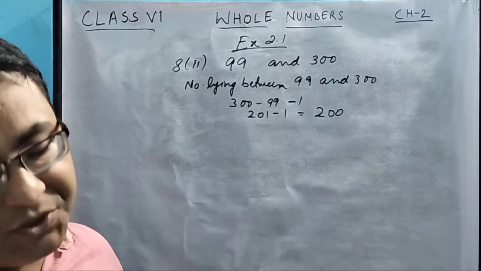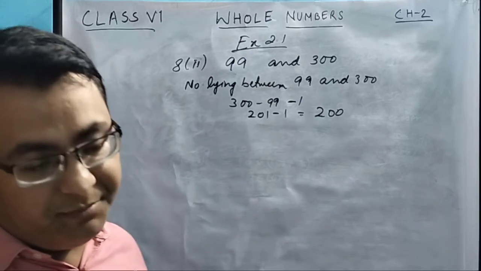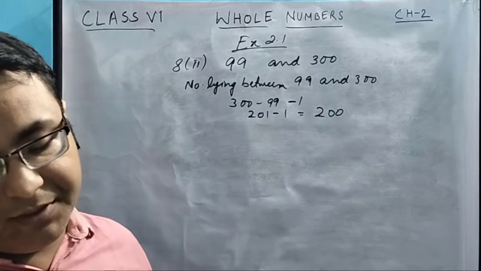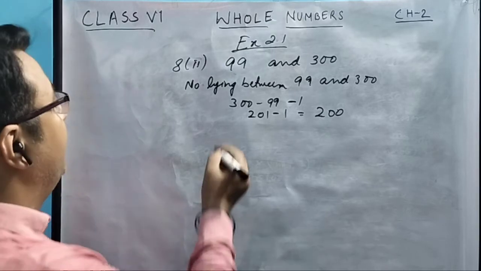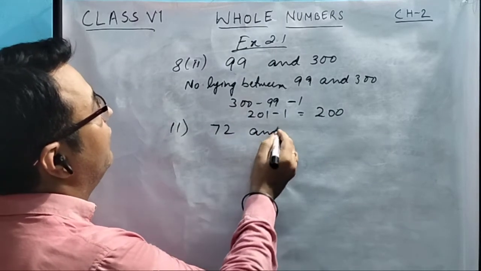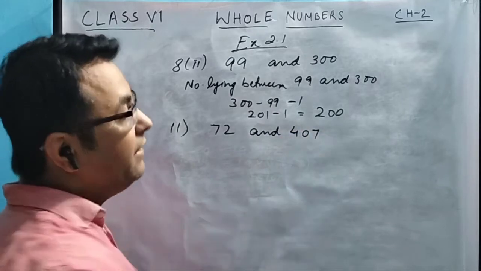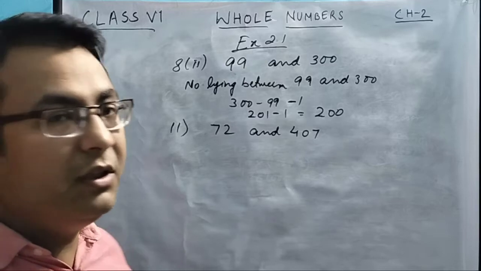Next we will see question number 11. Question number 11 says, how many 3-digit whole numbers are there between 72 and 407? Here it is also given in the question that we have to find the 3-digit whole numbers.